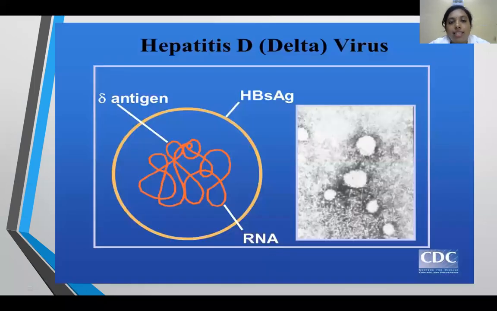Okay. So this is the structure of hepatitis D, or the delta virus. What is the name of the virion? Dane, D-A-N-E. Okay. It is a single-stranded negative sense circular RNA virus with an envelope made of hepatitis B surface antigen. Virions are 35 to 45 nanometers and roughly spherical, with no distinct nucleocapsid structure. Do you see any nucleocapsid?